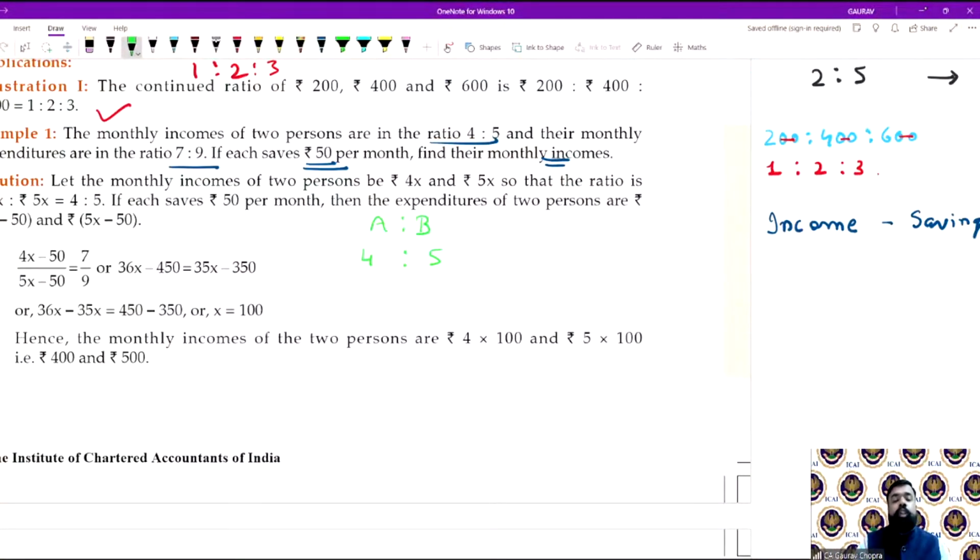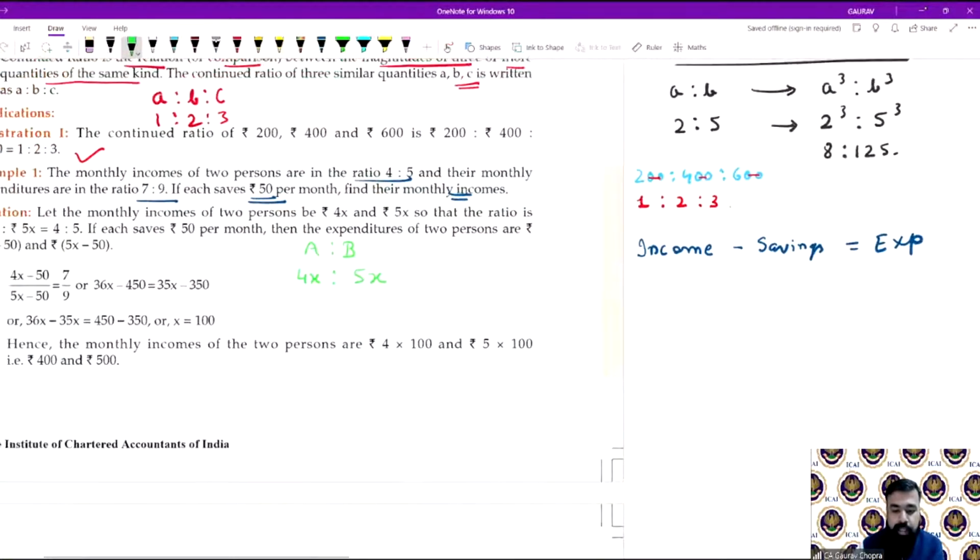So we can assume, let the income of A be 4x and the income of B be 5x. Now this is the income. If we subtract savings from this, we will get expenditure. So in the same way, we can write income minus saving.